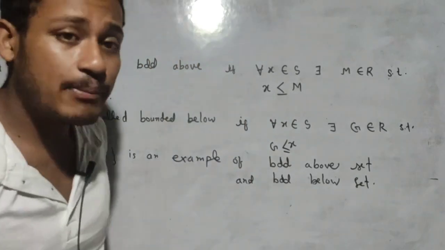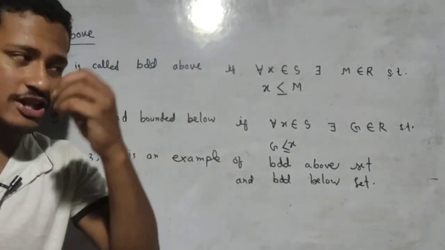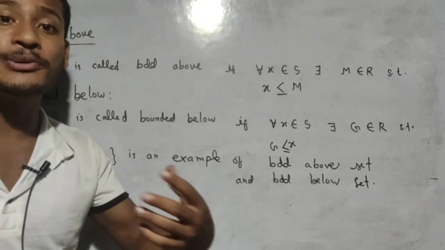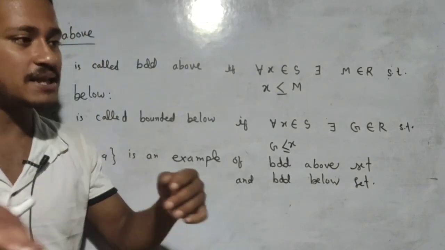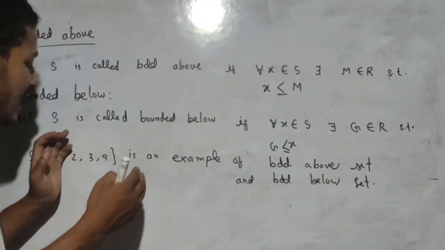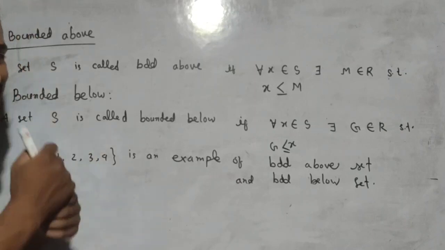If both bounded above and bounded below conditions are satisfied, like this S, then what do we call that set? If a set is both bounded above and bounded below, then this type of set is called a bounded set.